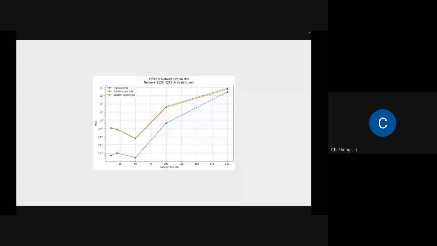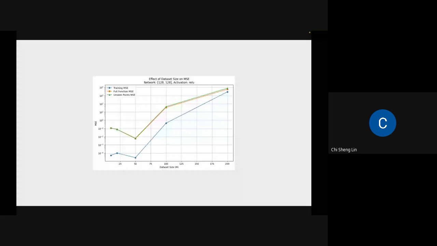For small data sets, 10, 20, 50 points, MSE on all points and unseen points decreases as the data set increases, showing a steady improvement in generalization. But beyond 50 points, performance degrades rapidly. At 100 points, MSE on unseen points jumps to 44.53, indicating poor generalization. And at 200 points, MSE on unseen points skyrocketed to 7,000, a complete failure in function approximation.